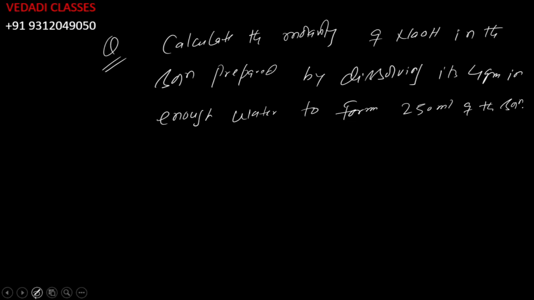So let's say, while solving the numerical, you should keep in mind, first write down the values which are given. Whatever you want to find out, you will get it. So you want to find out molarity, and for that they have given you the mass and the volume of the solution.